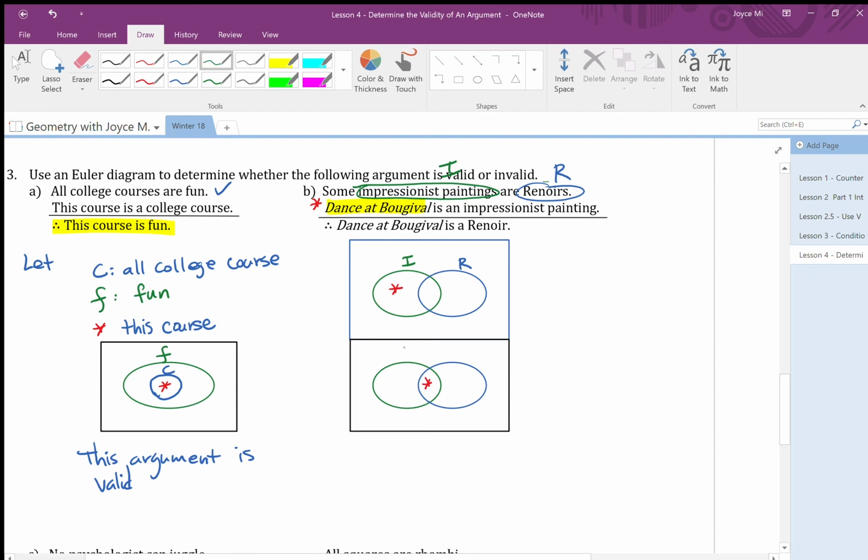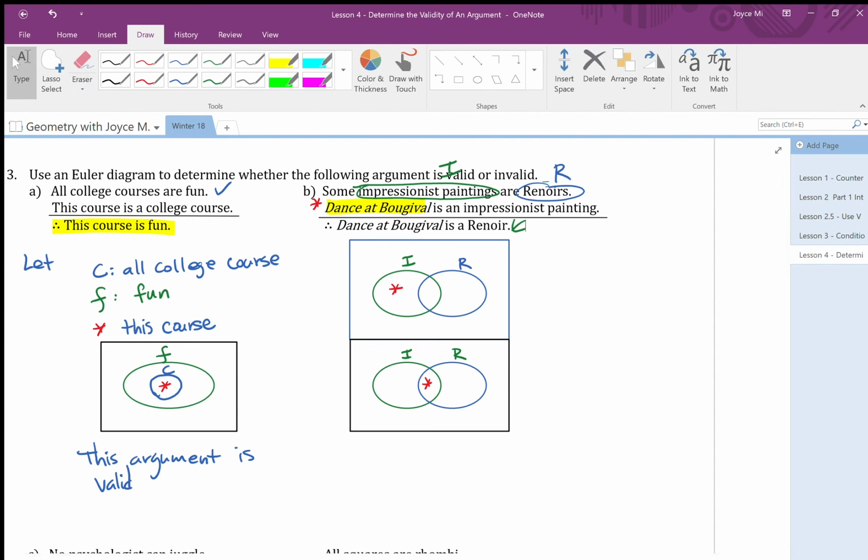So this is I, and this is my R. Notice that this conclusion here will be matching the conclusion. So this way is correct, but there's two ways to draw the same given premises. So using the same two given premises, I'm able to draw two of those Euler diagrams, where one of them tells me that this painting is not a Renoir. So as long as one of them does, we say this argument is invalid. So therefore this argument is invalid.